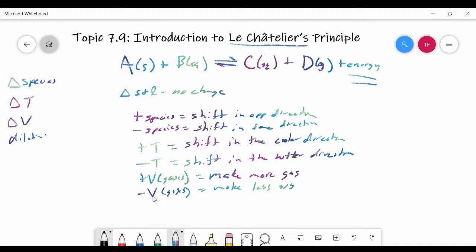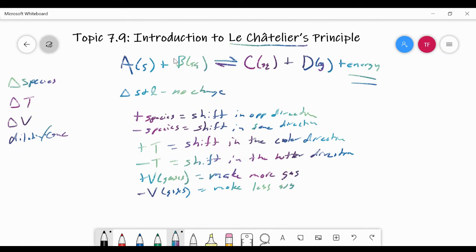And then last but not least, what if you dilute a solution? In this particular case, we have two aqueous solutions on either side. If I increase the concentration, and I should have said dilution or concentration.